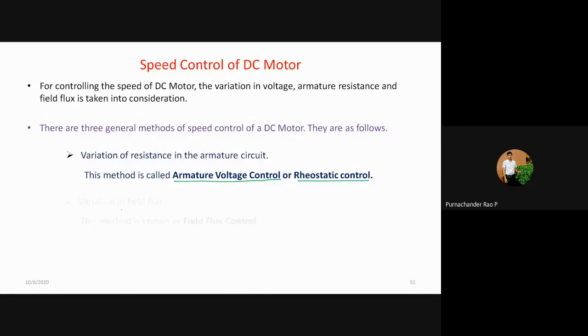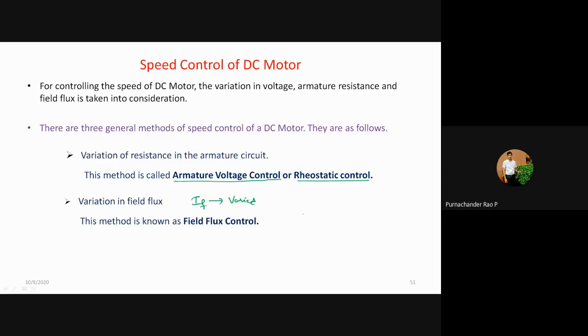And the second one is the variation in the field flux. So I can vary the current passing through the field winding, If, keeping the resistance in the armature circuit and the applied voltage constant.